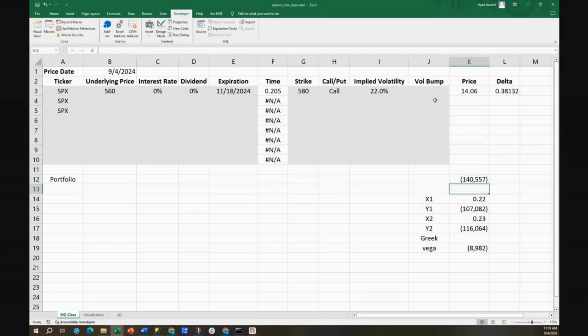So let's note down here that when the underlying price is at 560, the price of the option is 1406. Now let's see what happens, and remember that this delta is 0.38. Let's see what happens when the price goes up to, say, 570.